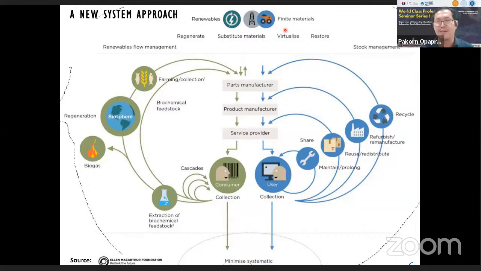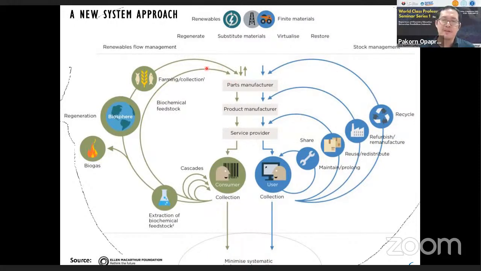We don't have availability in the future. So this can be divided into two parts. This part is mainly concerned with some service, some maintenance, and also recycling of the finite materials. So we need to be concerned with every aspect of this.